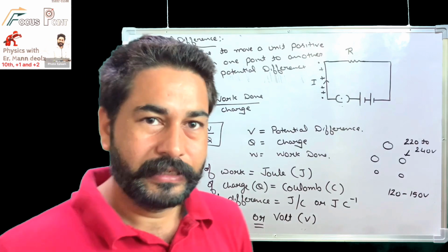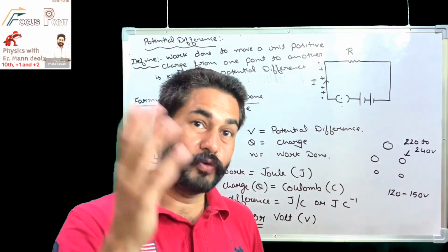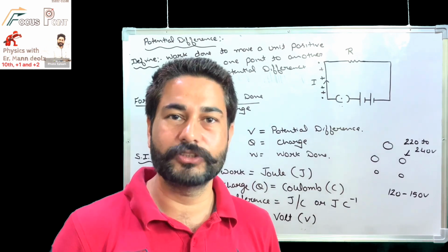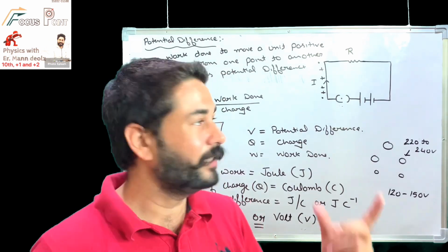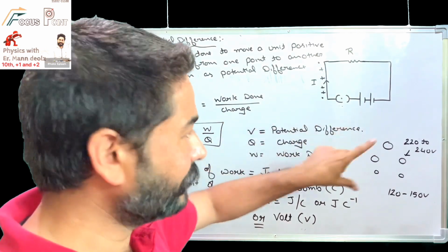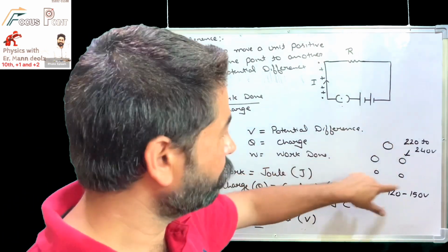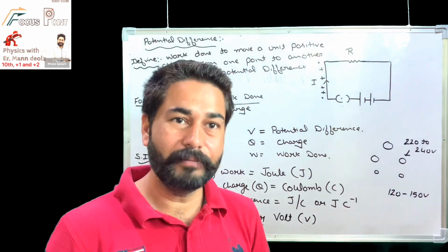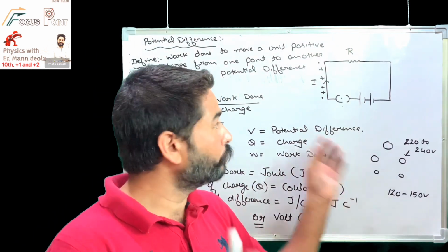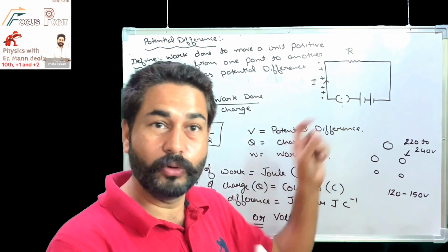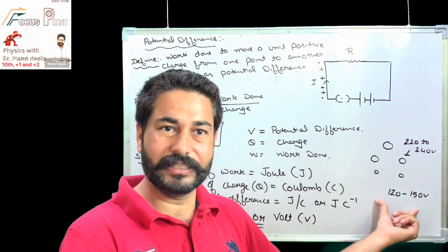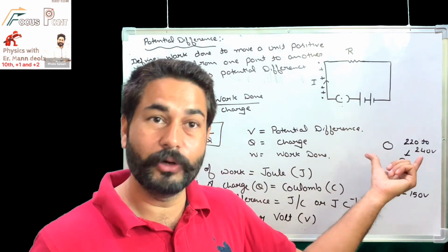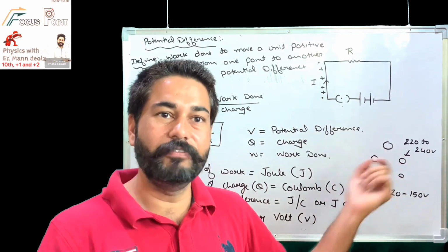That's why if we bring those devices from a foreign country to India and connect them into our arrangement, they will get burned. Why? Because with more potential difference, more push is given to the charges, and more electric current will flow into the device beyond its rating, so it will get burned.